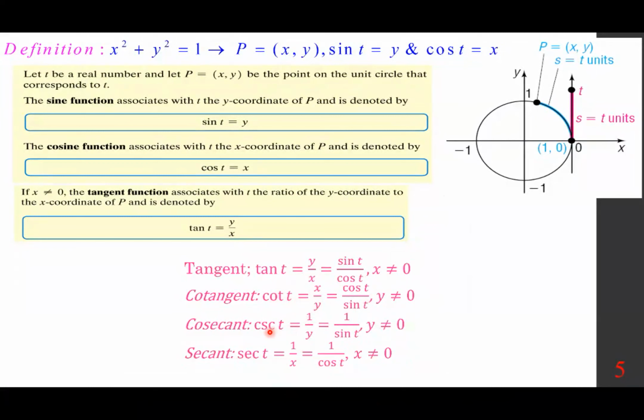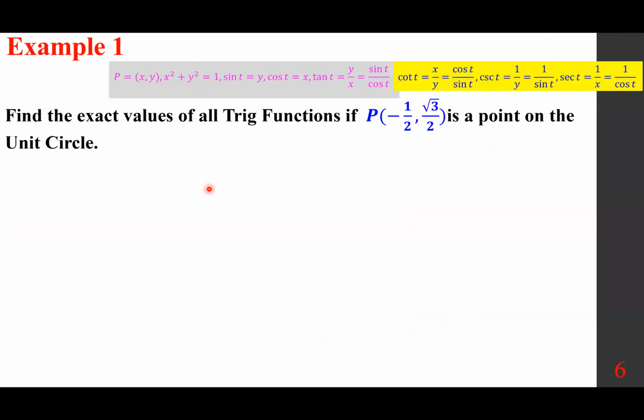When sine is y, cosecant must be 1 over y, the reciprocal of that. When cosine is x, secant must be 1 over x. All right, so this is the synopsis of what we've discussed so far.